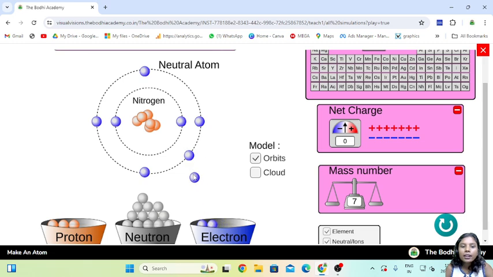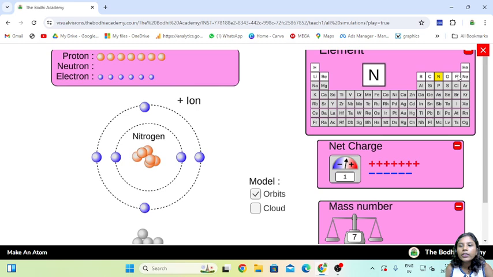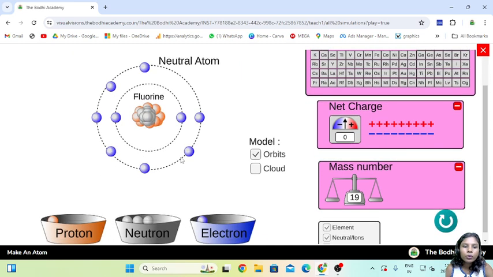Now say I add another electron here, so the charge becomes minus because it is having something more than it is supposed to have. Now say I remove both of them, so now it is electron deficient, that is it is having one electron less, so it can have another electron. So therefore its net charge also becomes 1. Similarly we can look at fluorine over here.